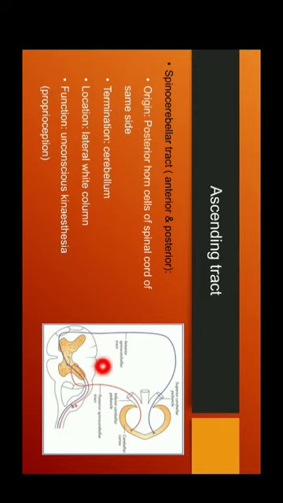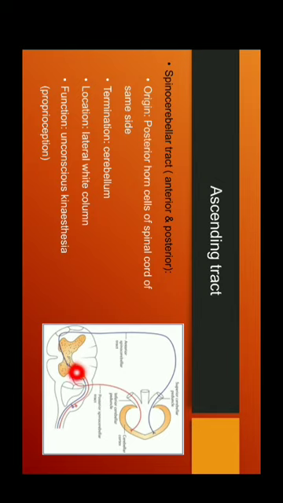In my previous lecture, I said the nucleus dorsalis is concerned with the proprioceptive fibers, a relay center for them. So these fibers coming here relay at the posterior horn cells, at the nucleus dorsalis.